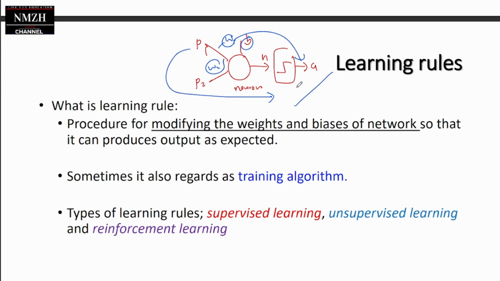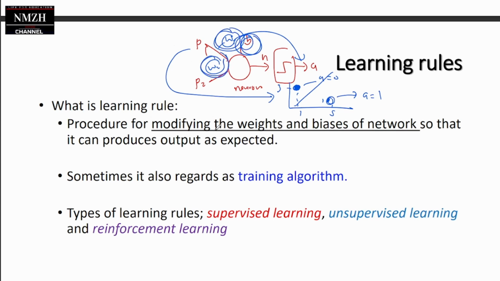Let's say we put this data over here, this one is a circle, this one is shaded or colored. When we give data like 1, 3, or let's say 5, 1, the output A equal to 1 means we know that it belongs to one class, and the other way around, A equals 0 belongs to another class. That is the motive of this learning: to find out how to learn these three things.